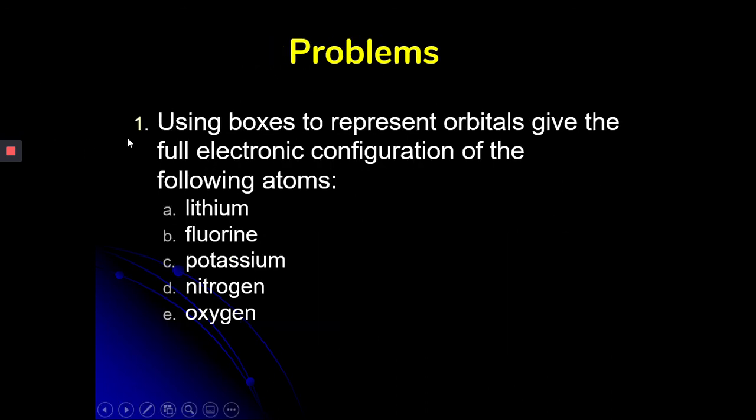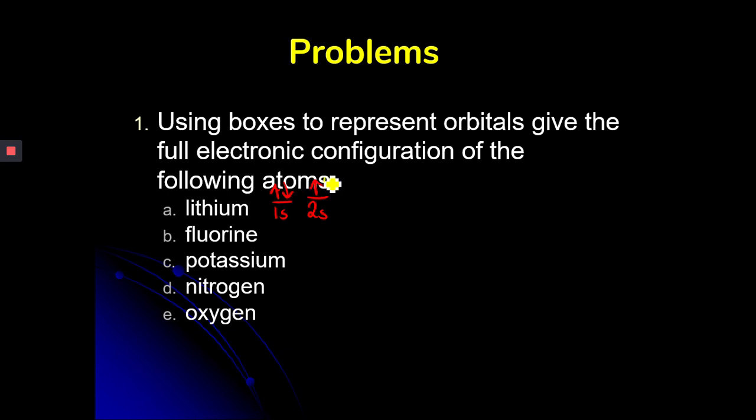All right, so use boxes to represent orbitals and give the full electron configuration for the following. Lithium, 1s, and then you would draw your 2 electrons, 2s, 1. For fluorine, we could continue this.